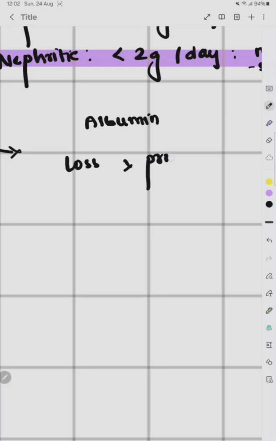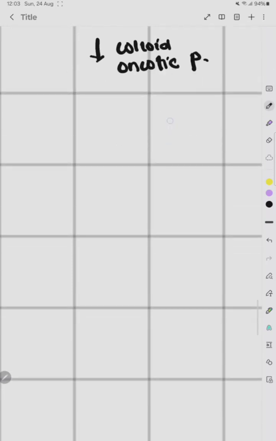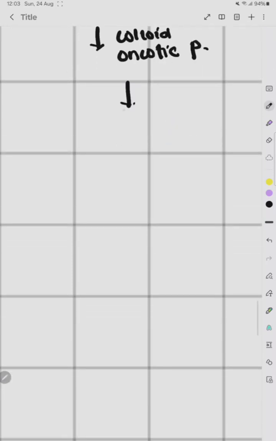So basically, loss is more than production. So that leads to a fall in colloid oncotic pressure. This leads to edema.